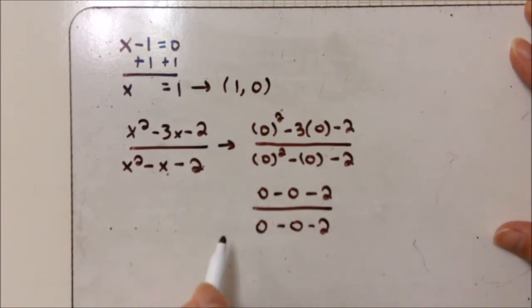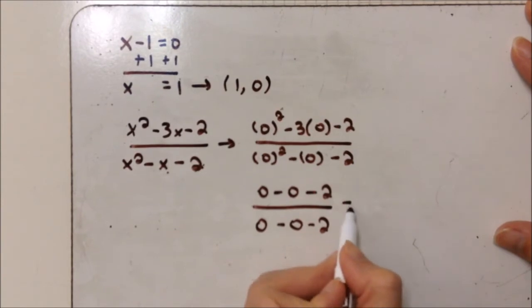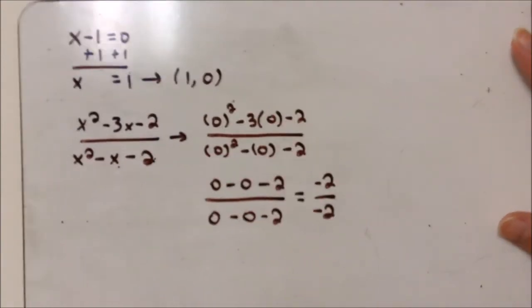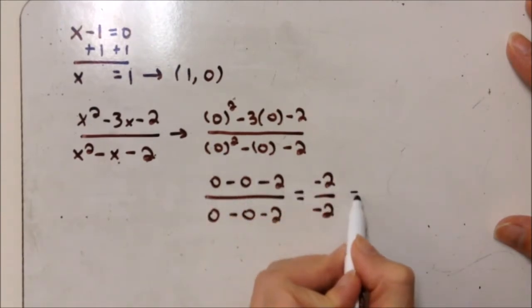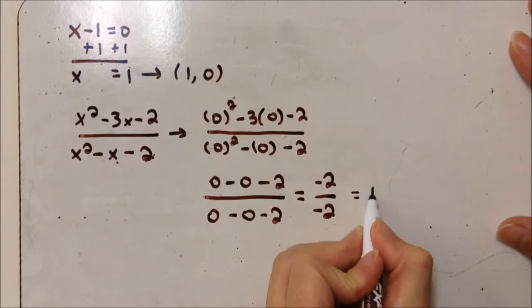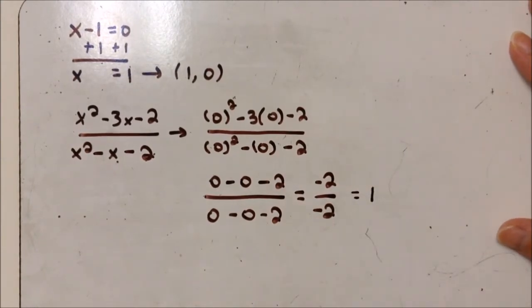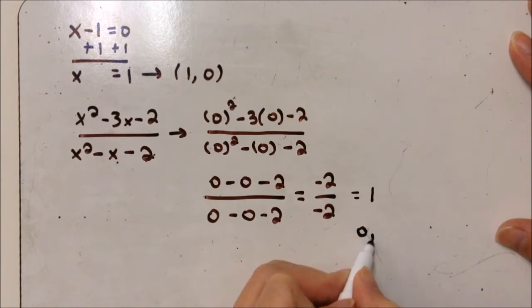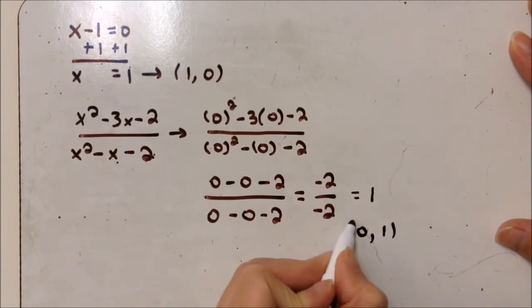So 0 squared is 0. Then minus 3 times 0 is just minus 0 and then minus 2. 0 squared in the denominator is just 0 minus 0 minus 2. So when we simplify, it's going to be negative 2 over negative 2. And then we're going to simplify that, positive 1. So our y-intercept is going to be 0, because that's what we're plugging for x, comma 1.